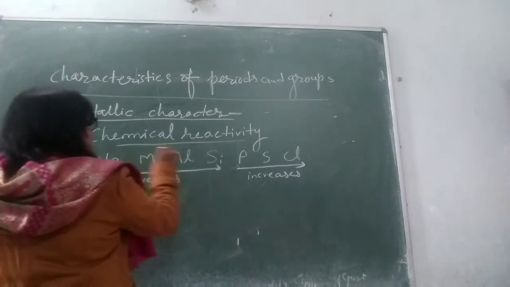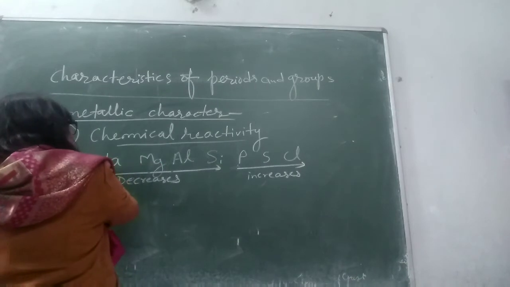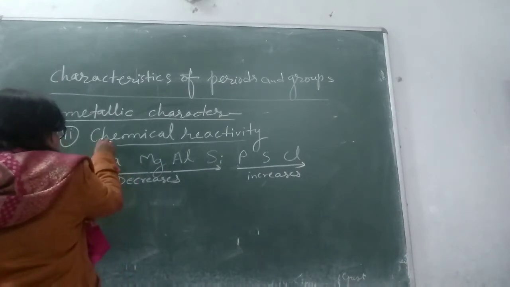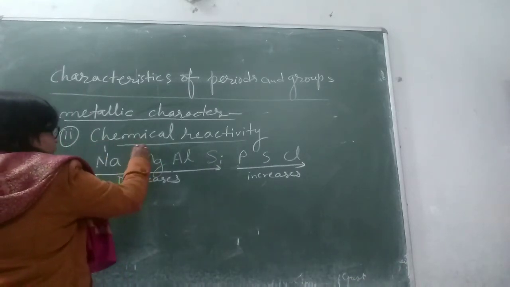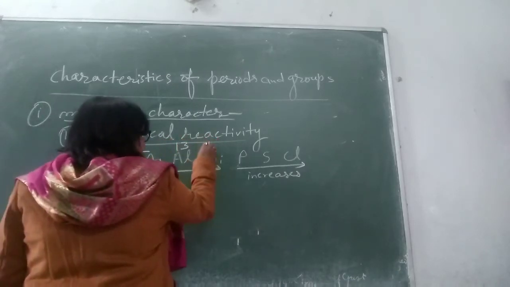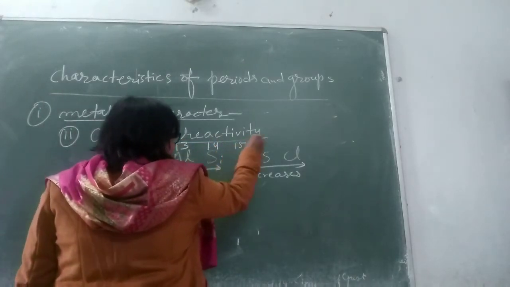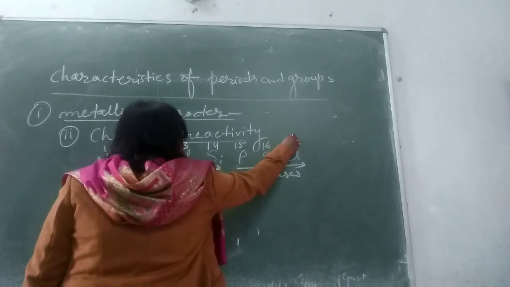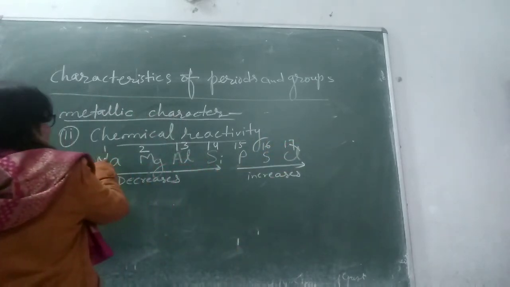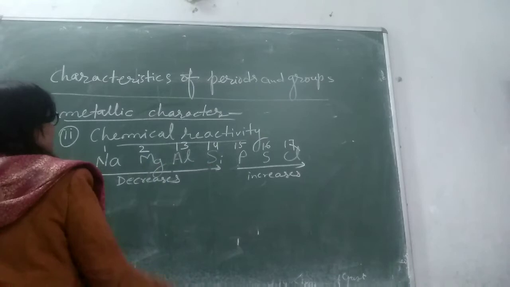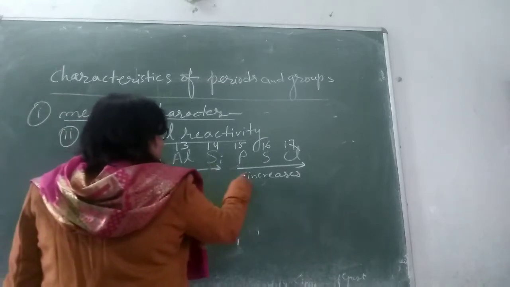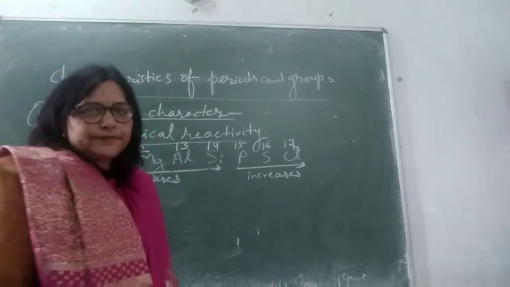Therefore, in a particular period, from group 1 to group 14, chemical reactivity decreases, then it starts increasing.